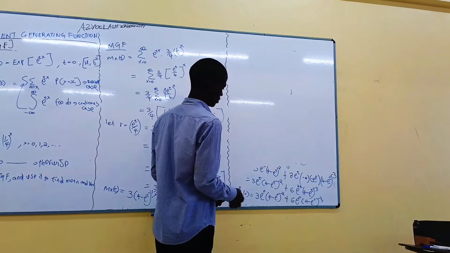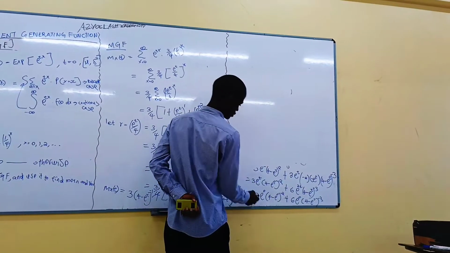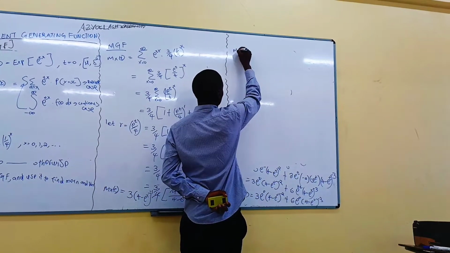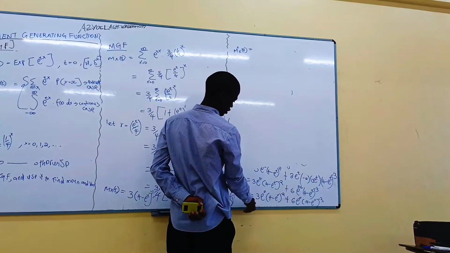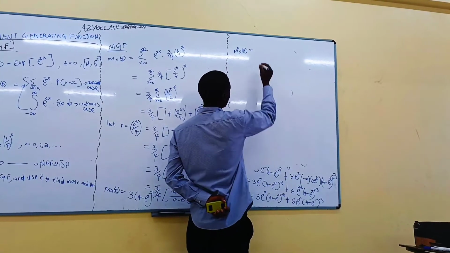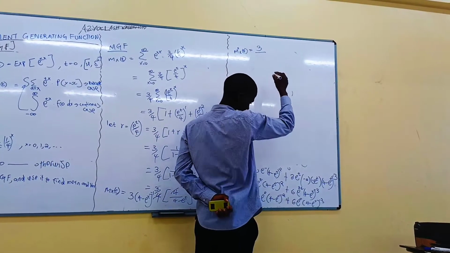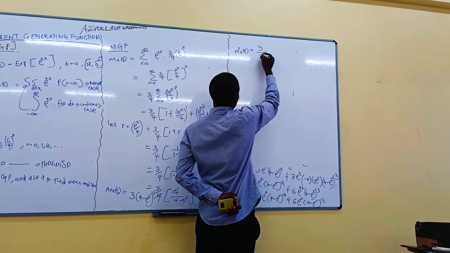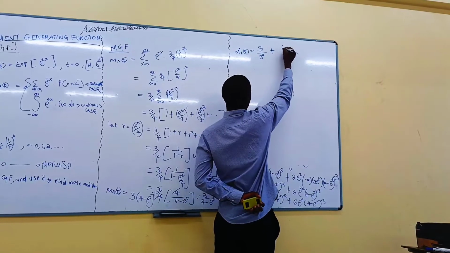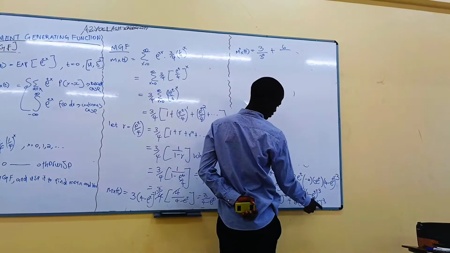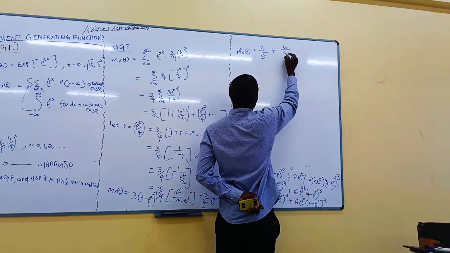So it's going to be, if we factor out, 3 over 3 squared plus 6 over what's inside the bracket, which is 3 cubed.